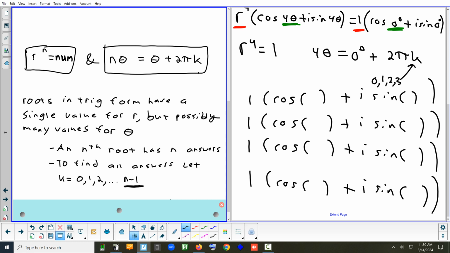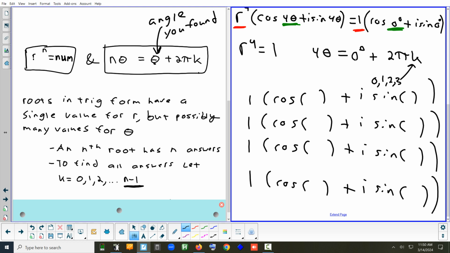And then k we find from whatever the power is minus 1, that's up to where you're going to. So you're going to know this theta right here. That's the angle that you found. We found it to be 0 degrees in our problem.